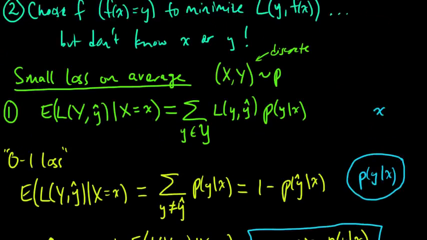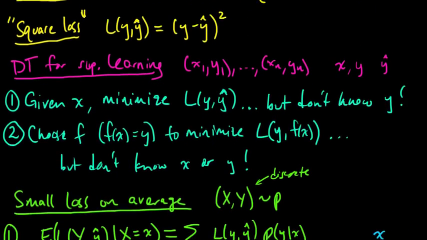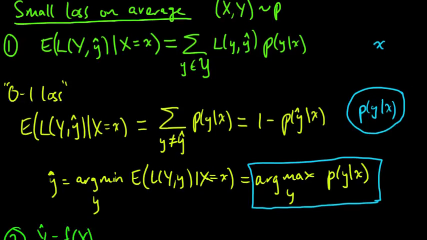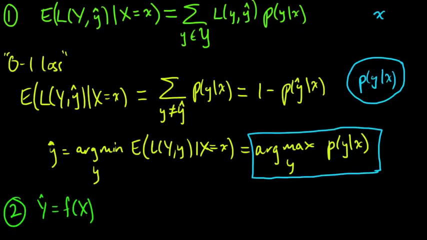Remember, we were thinking about x and y as being random. We're given an x, which we have to classify, and we want to choose a good y for that x. So let's say we have our function f, which does classification or regression. Let's think about classification for now.